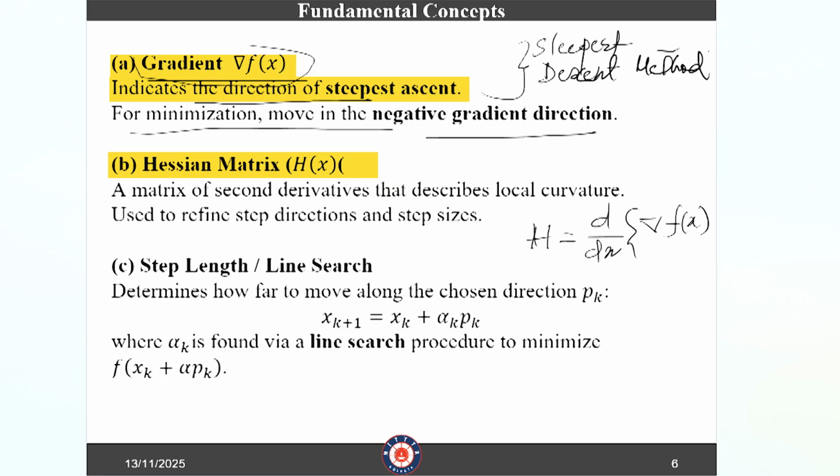And in some of the methods we will discuss how to calculate this. This is basically called the line search method. Line search methods, and we calculate the step size of the line later on.